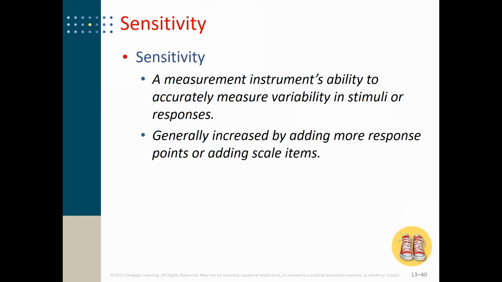The last criterion of a good measurement is sensitivity. Sensitivity means your measurement scale should be able to capture the differences among the respondents. For example, let's say I am testing your performance in this course. I ask 5 questions, and all of you get full marks in all 5 questions.